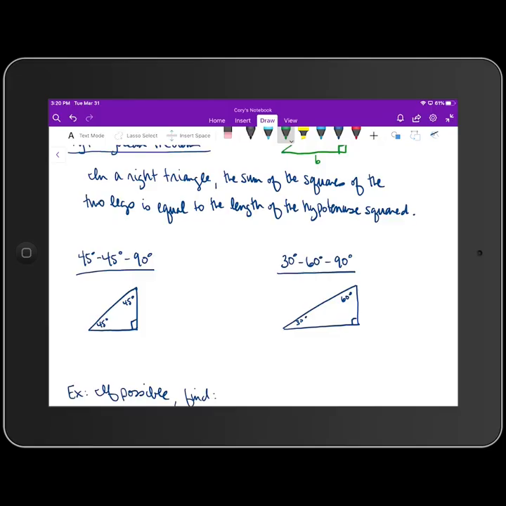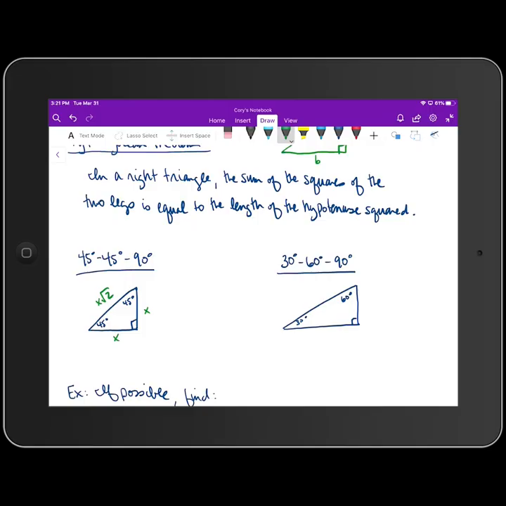So it's isosceles because the 2 angle measures of 45 degrees are the same, which makes the sides opposite those 2 angle measures the same. So we can call those side lengths x. And the side opposite the right angle, the hypotenuse in a 45-45-90 triangle, is going to be x root 2. Okay, it's really, really important that you know that going forward.